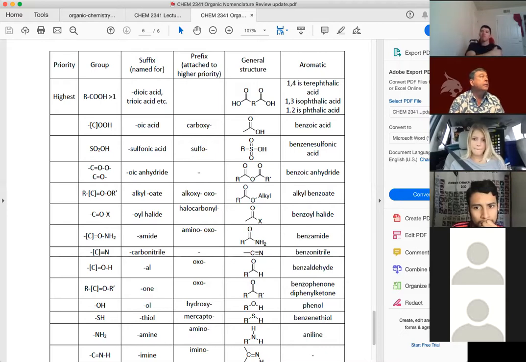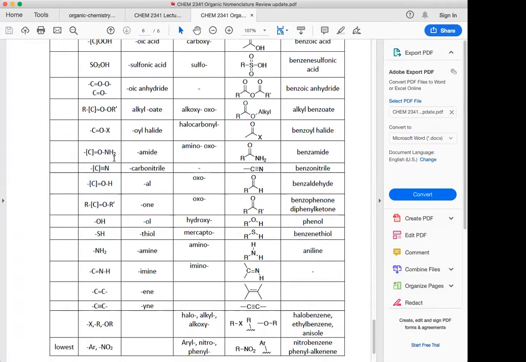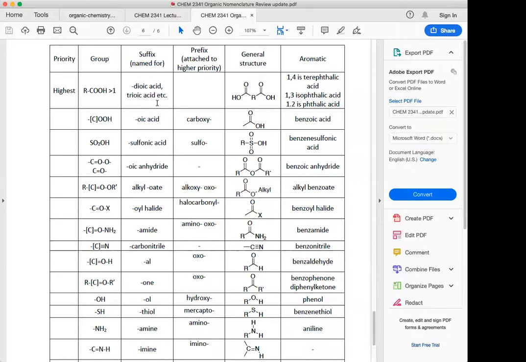Okay, you should see this table. This table is on Canvas, and it has the highest priority and what you would name each of the things. If it's naming the compound, it's this column here that says suffix. So if you're naming the compound for it, this is what happens at the end of the word.